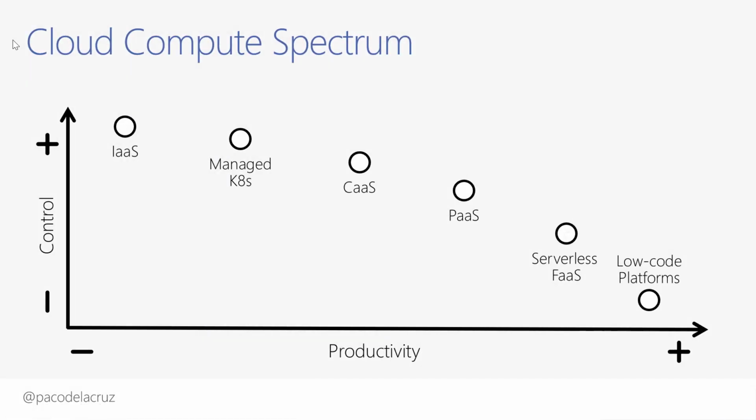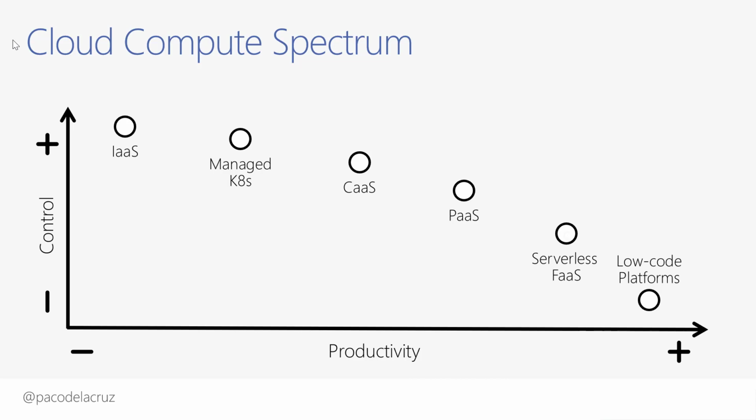Before we start talking about serverless, let's talk about the spectrum of cloud computing. There are different offerings on the cloud that we can leverage to implement our solutions, and some of them offer us more control, and some of them give us more productivity.